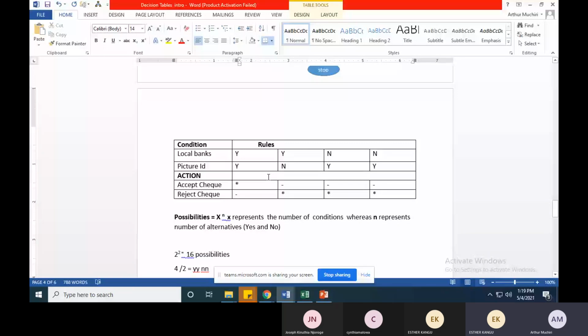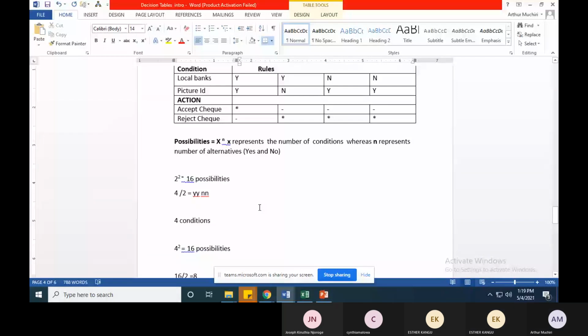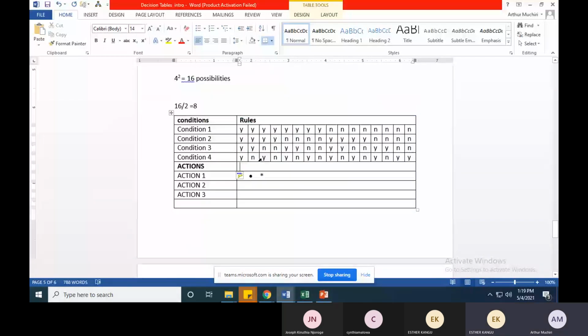Okay, come again. Go to that last table. It is here. This one. Yeah, that one. So you are asking how you will know whether to put an x or a minus? For example, when you get yes, yes, yes, no, of course.